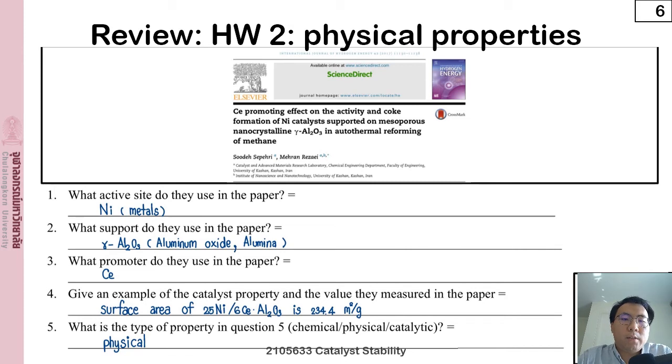Then he gave an example sentence that the surface area of the 25 nickel supported on the ceria alumina is 234.4 square meter per gram. So he gave an example of the physical properties, which is the surface area. So this is a good answer and a probable one.